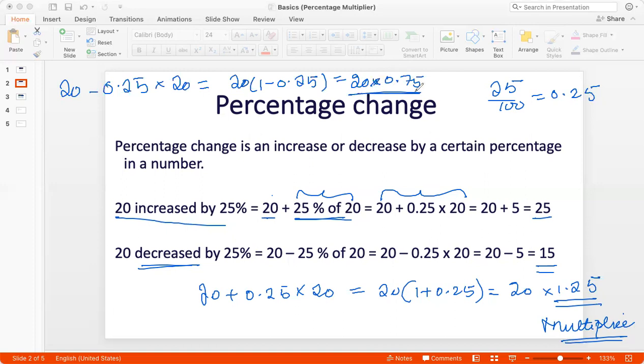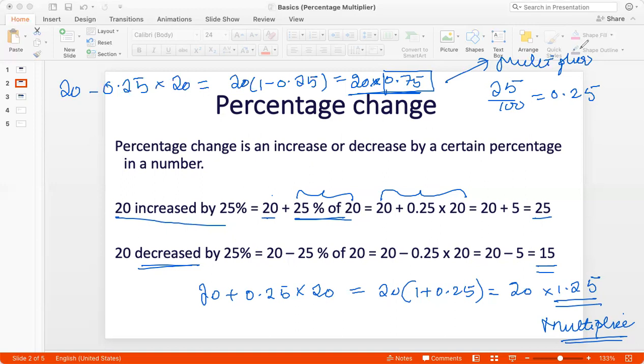And you can see that a 25% decrease in a number is equivalent to multiplying the number by 0.75. So this is the multiplier that I use when I decrease a number by 25%.